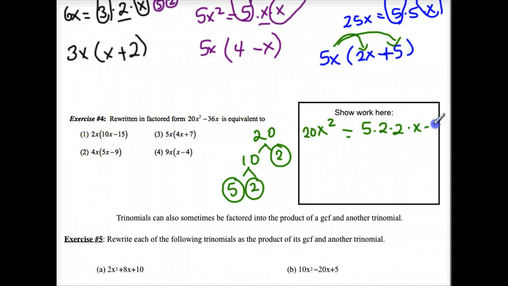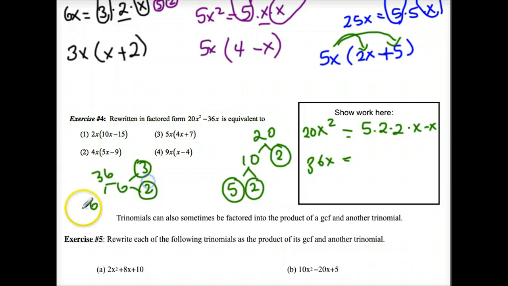X squared means x times x. 36x I know is 6 times 6, and 6 is broken down into 3 times 2. So this becomes 3 times 2 times 3 times 2 times x.